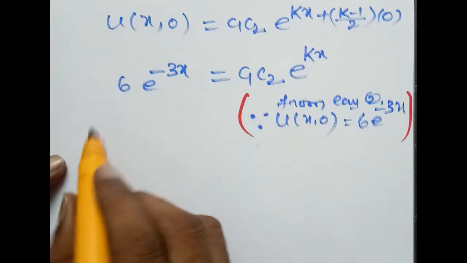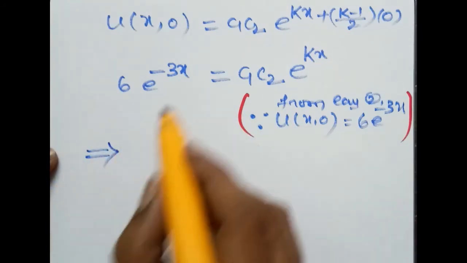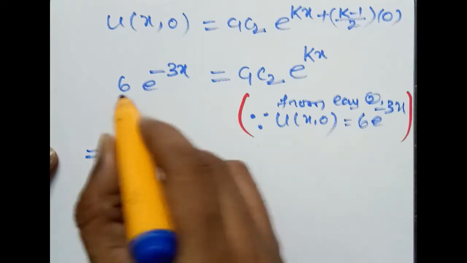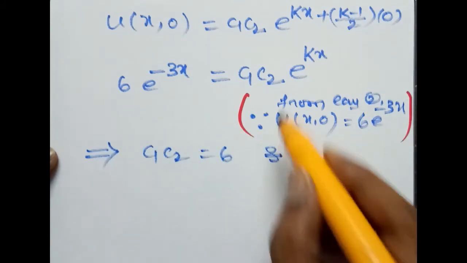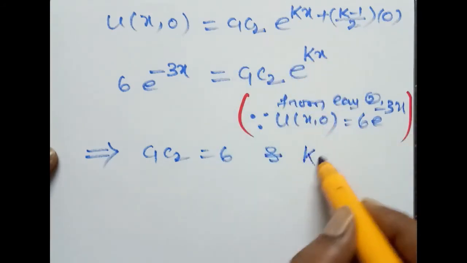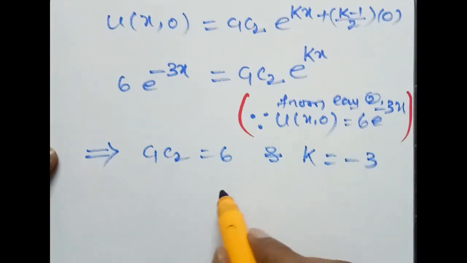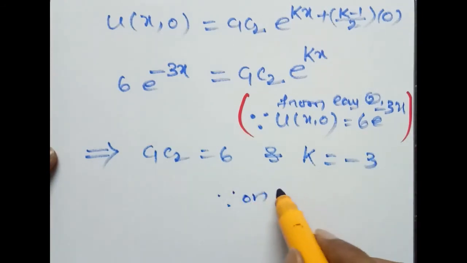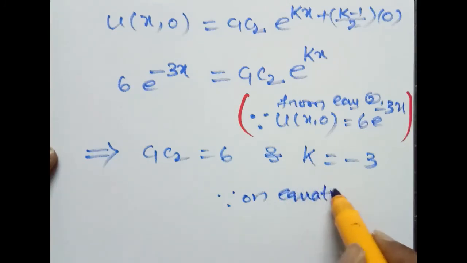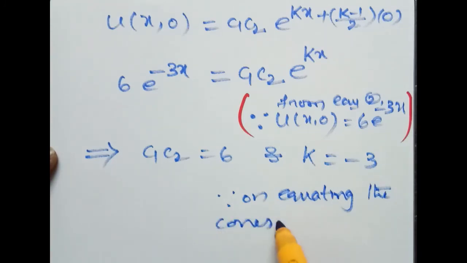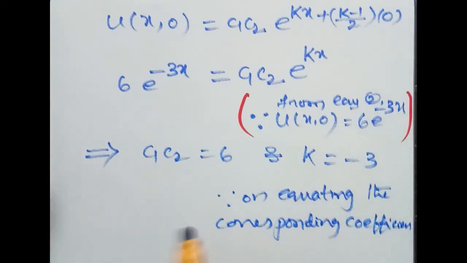Now this implies c1 c2 equal to 6 and k is equal to minus 3, on equating the corresponding coefficients.